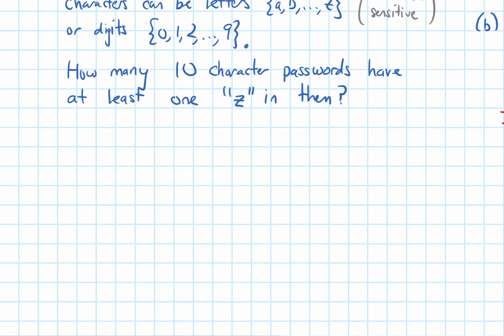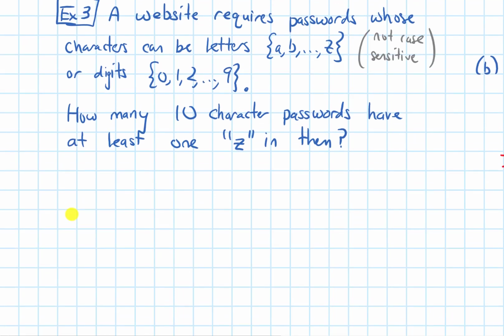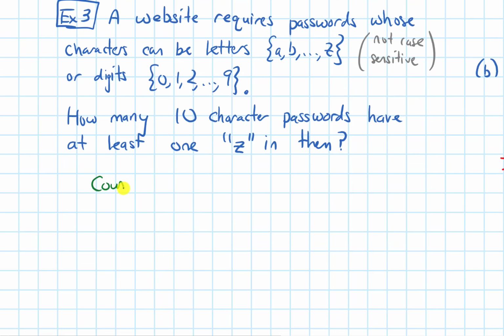So let's talk about the solution to this question. First I want to think about what would happen if we tried to count this directly. This requires cases because we could have a situation where there's just one Z in the password, and maybe the Z is in the first spot, and then we have all of the other letters after that.